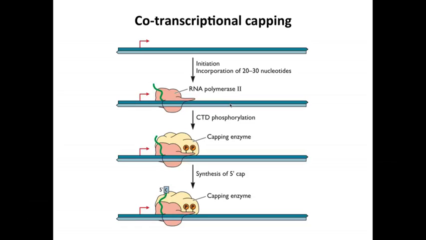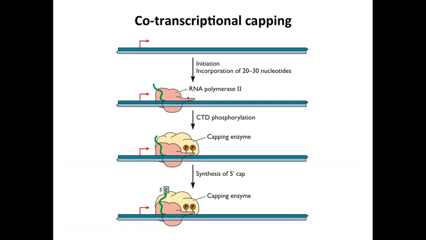Capping occurs co-transcriptionally. Here at the top is our double-stranded DNA template. Here's the initiation site for transcription in the red arrow. Remember, when the RNA polymerase initiates, it begins moving down the template. After the initiation phase, we've passed the open complex and release from the promoter, so the RNA polymerase is moving down the template and making an mRNA.